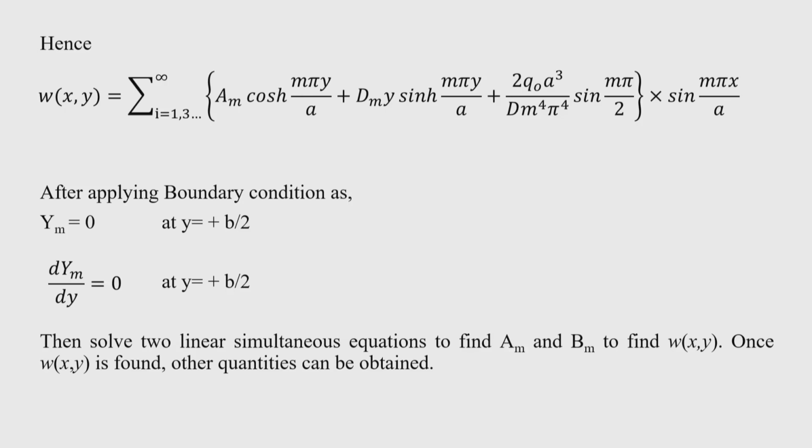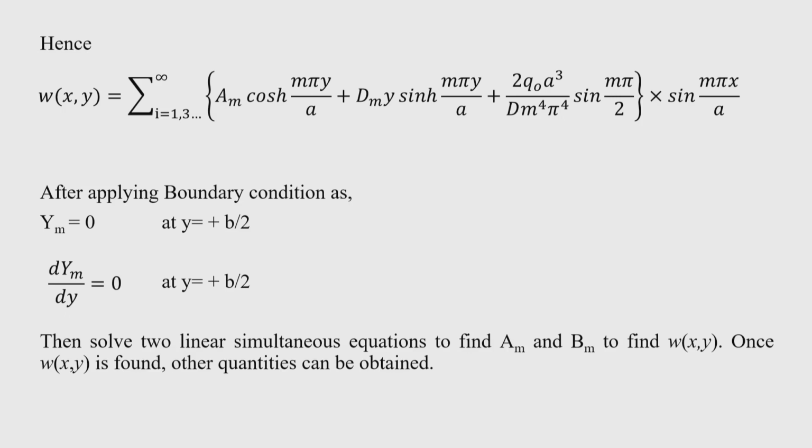So, when we substitute these two conditions as we did in the earlier cases, we get two simultaneous linear equations with unknown variables A_m and D_m. So, it can be solved easily by any method. I have illustrated the systematic method known as Cramer's rule, that you can use by expanding the determinant that I have shown, and then you can obtain the constants A_m and D_m completely.